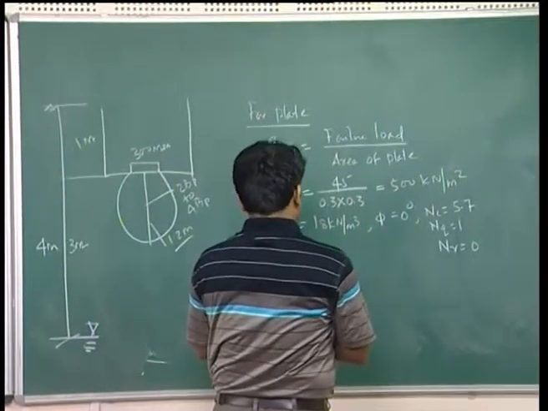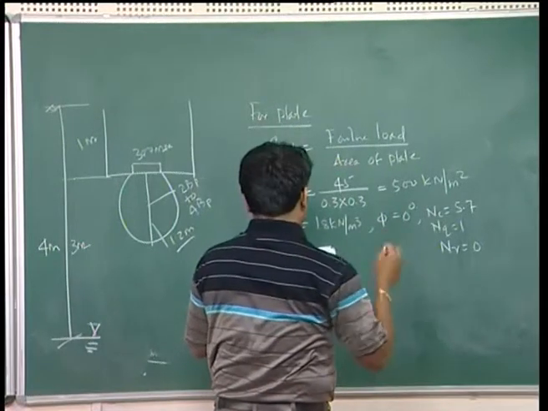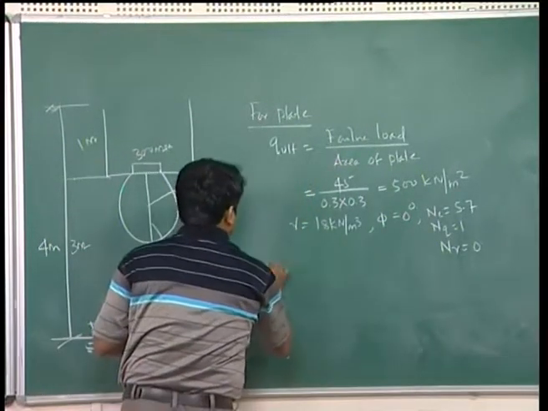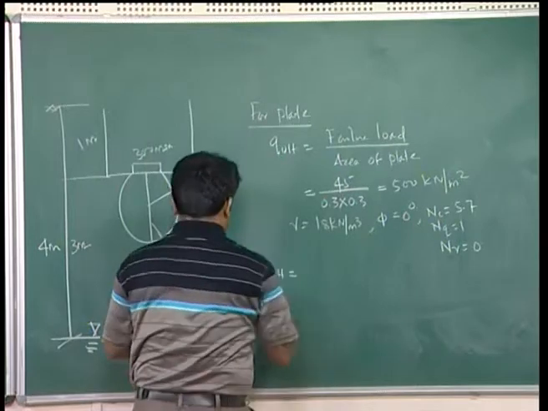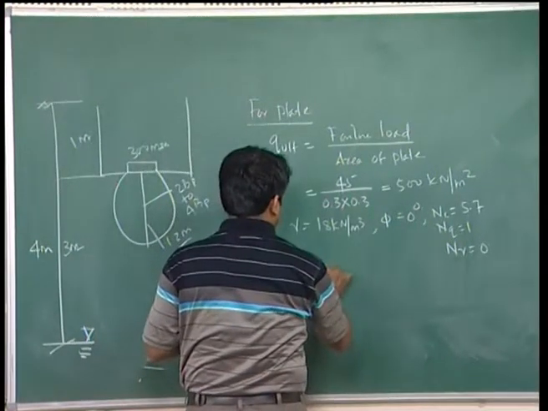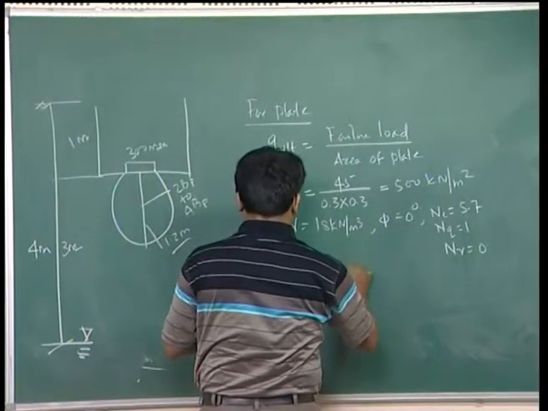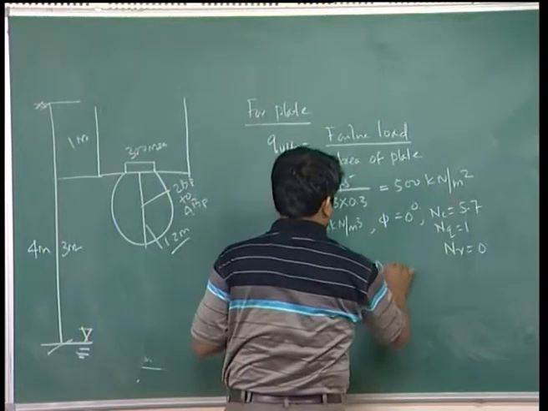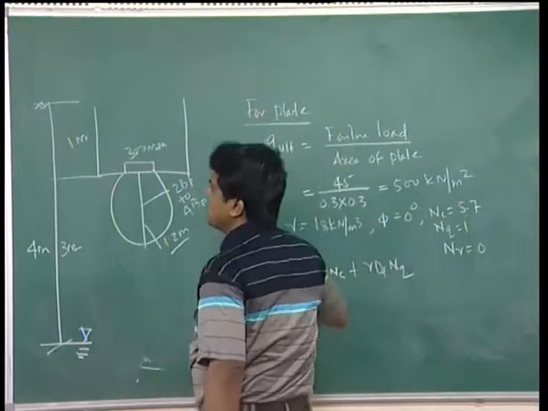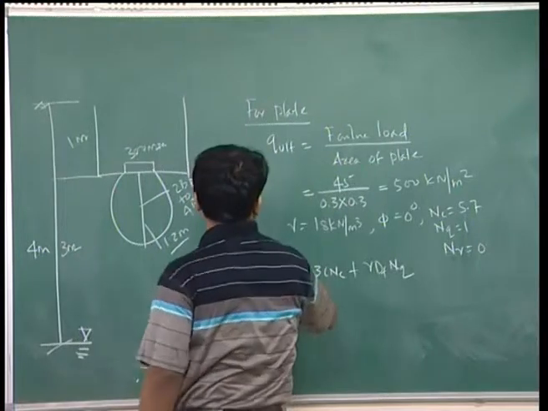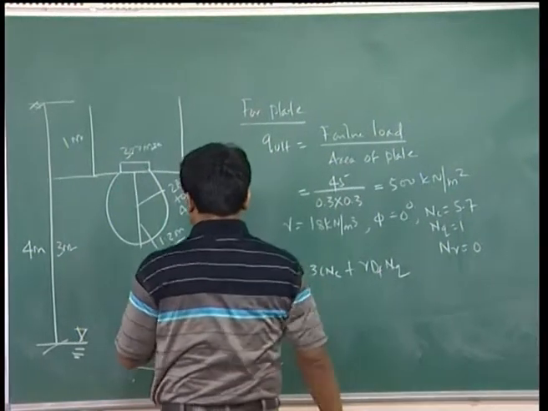With the help of Nc, Nq and N gamma, you can find Q ultimate as 1.3 c Nc plus gamma Df Nq, as the plate is a square plate, so it will be 1.3 c Nc.